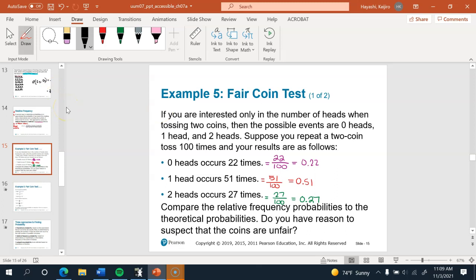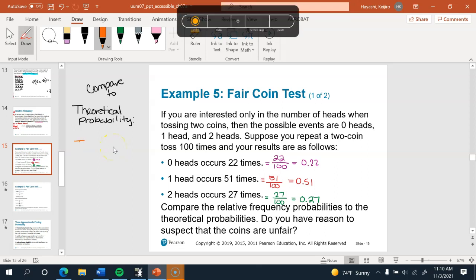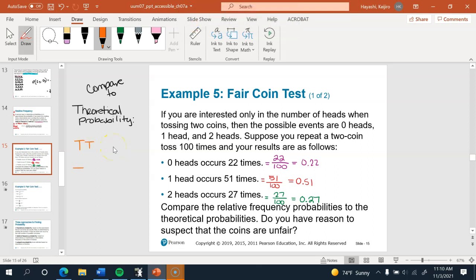Now, if we compare these next to the theoretical probabilities, right, you might remember that when you toss 2 coins, there are a number of ways it can come up. They can come up as both tails, 1 tail and 1 head, 1 head and 1 tail, and both heads.